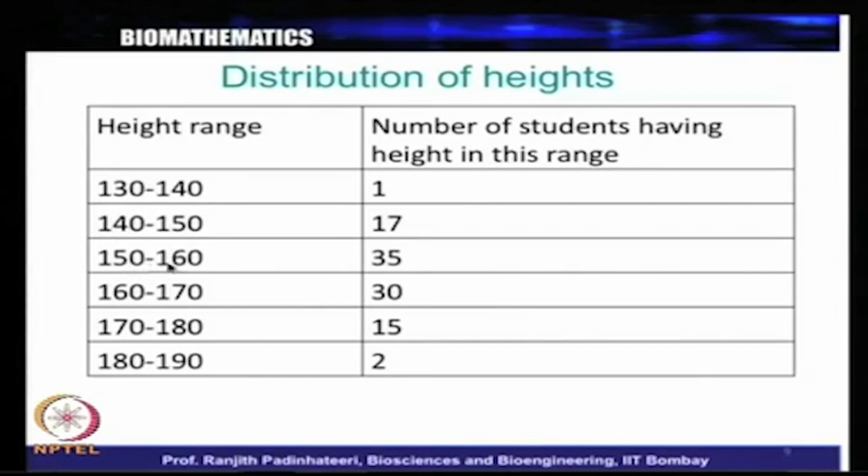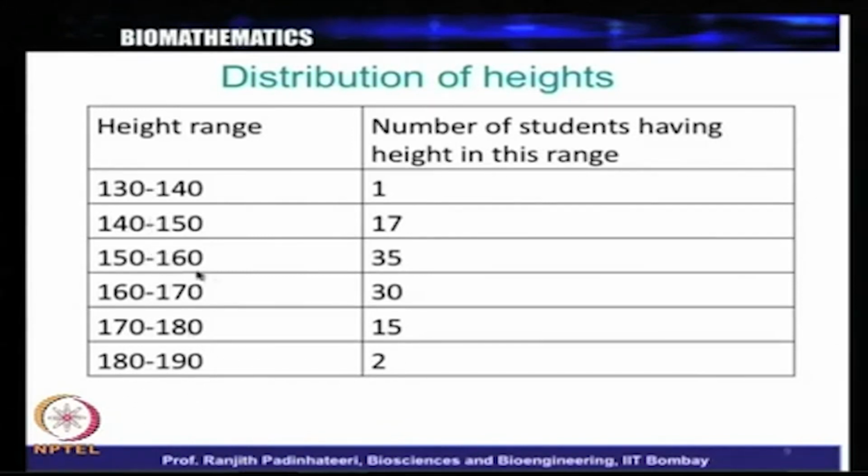Between 150 and 160 centimeters, there are 35 students. There are 30 students having height between 160 and 170, 15 students between 170 and 180, and 2 students between 180 and 190.